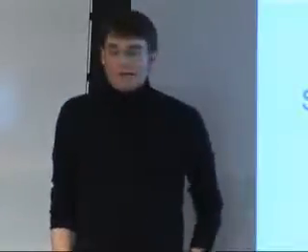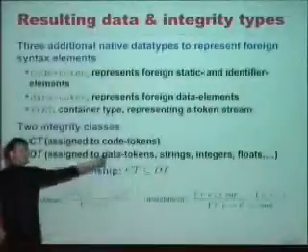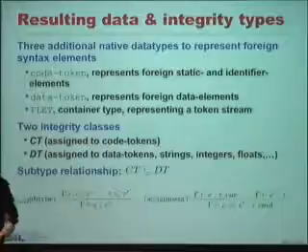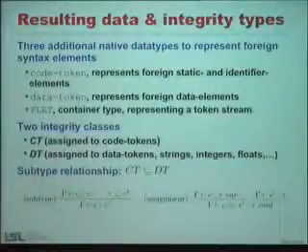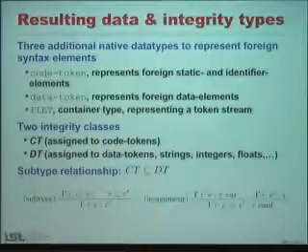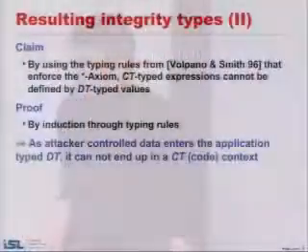DT is assigned to everything else, for one the data token elements, and also all native data types that exist within the native language. And by defining the subtype relationship, that code tokens are a subtype of data tokens, and using the subtyping and assignment rules from Volpano-Smith, we can prevent all direct flows from DT to CT.